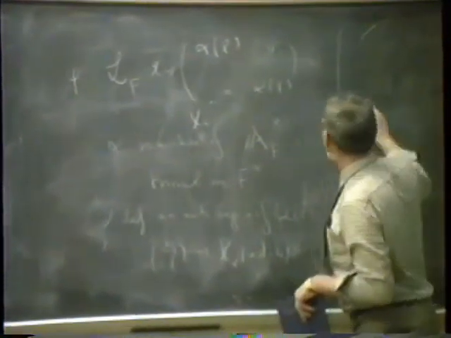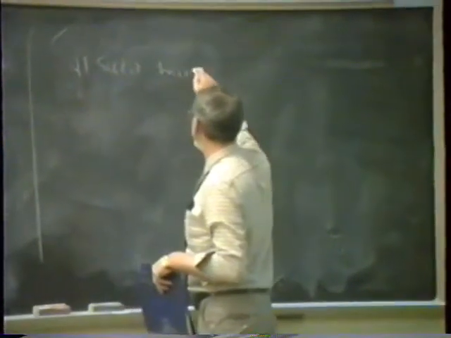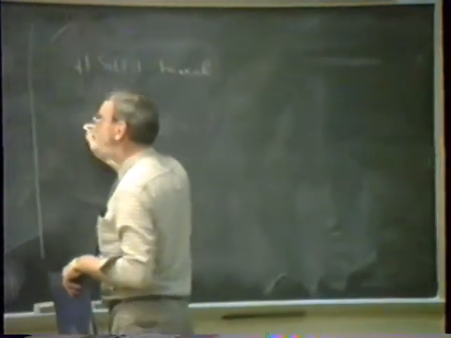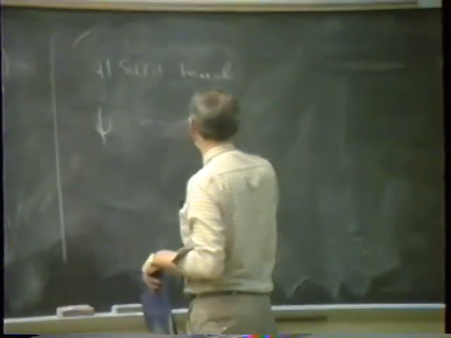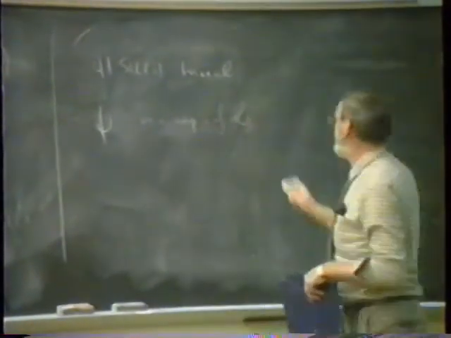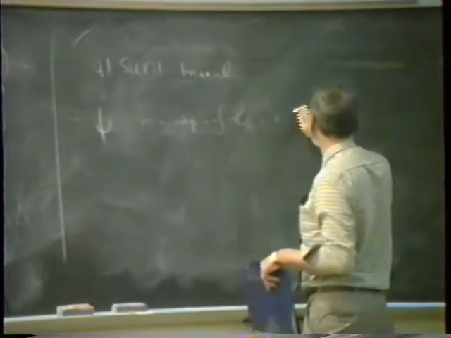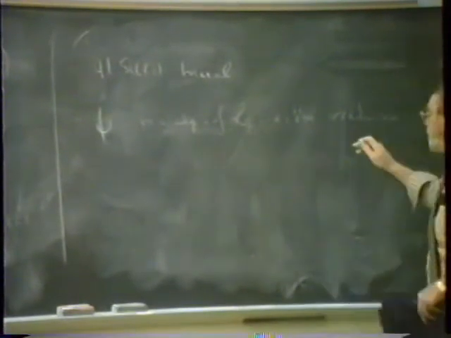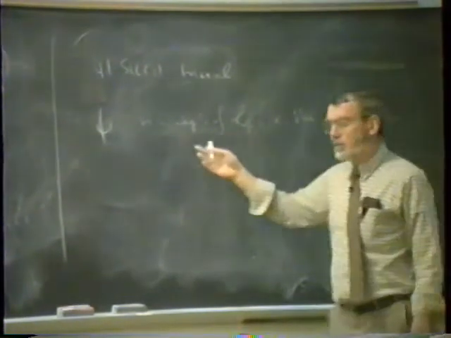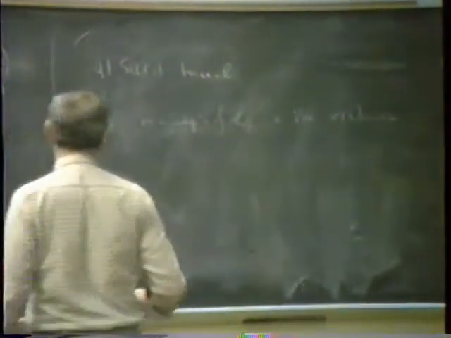Now, psi restricted to SU2 is trivial. This is the second possibility. That means that psi is basically a representation of L sub F, with relatively compact image, either irreducible, but an irreducible representation of L_F corresponds to a cuspidal automorphic representation.